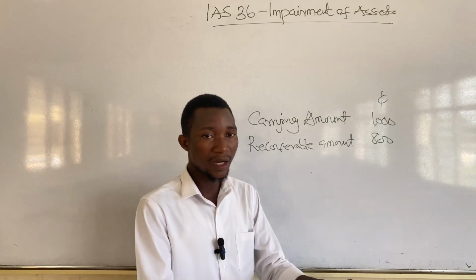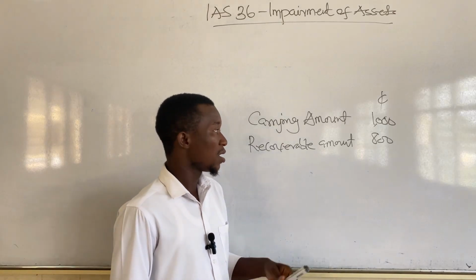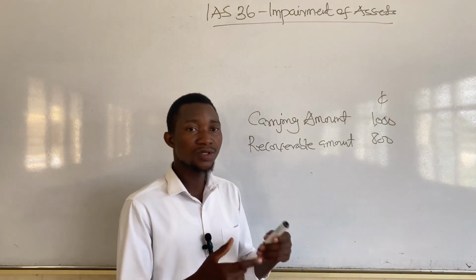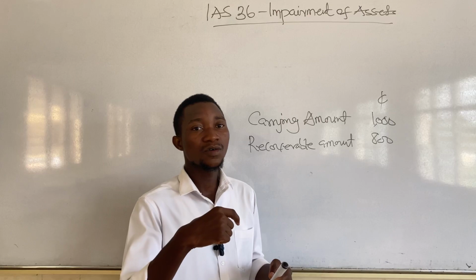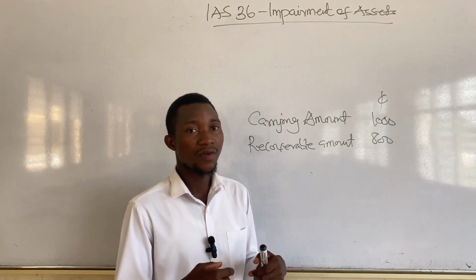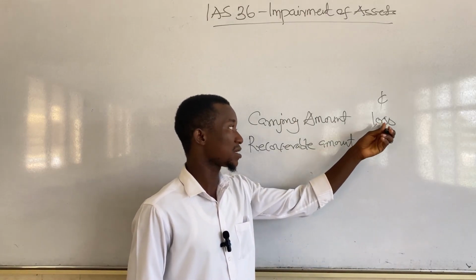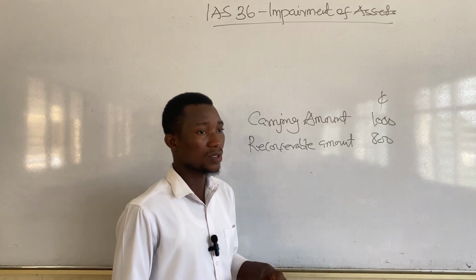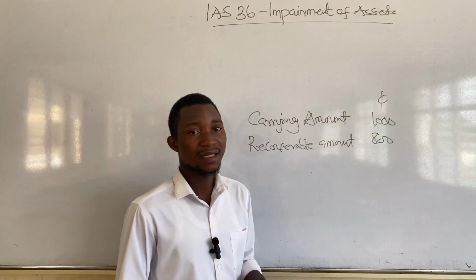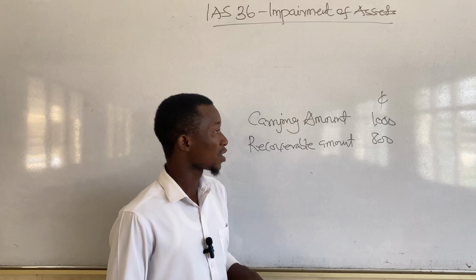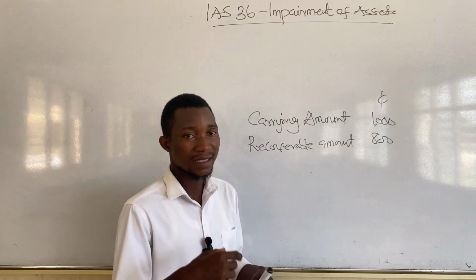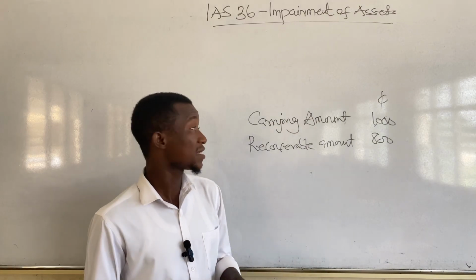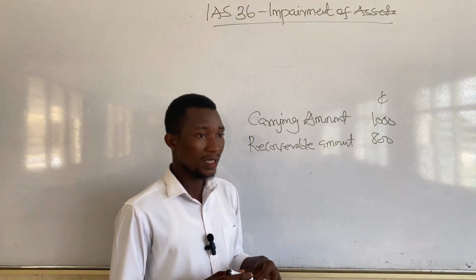That is the value of the assets, okay? But when we continue to use the assets, the cash flows that the asset will generate for us might not be the same as the carrying amount. Or when we decide to sell the assets at the end of its useful life, the proceeds that we ascertain as an entity may not be the same as the carrying amount of its assets.